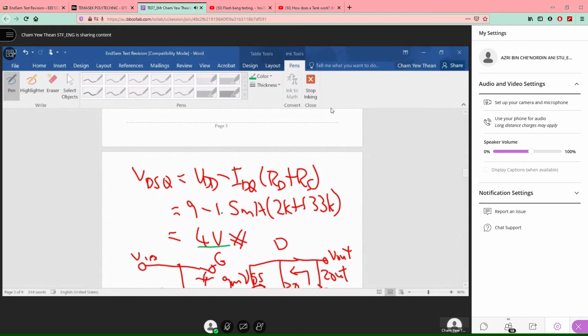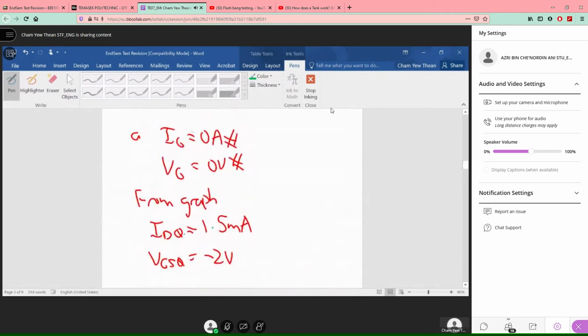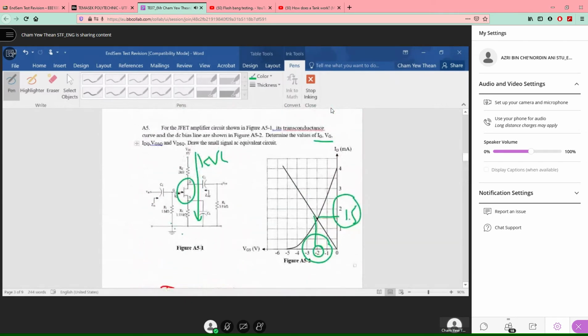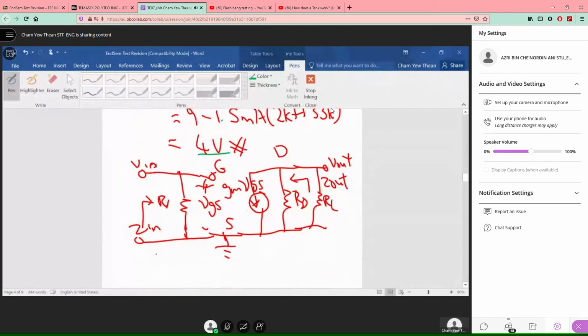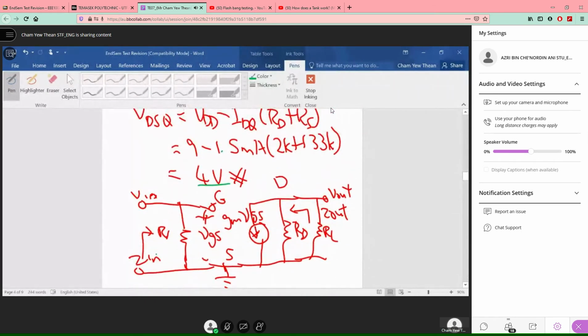Then your small signal model for this one, you draw the small signal AC equivalent model for this common source CS amplifier, CS JFET. Pardon my ugly drawing.